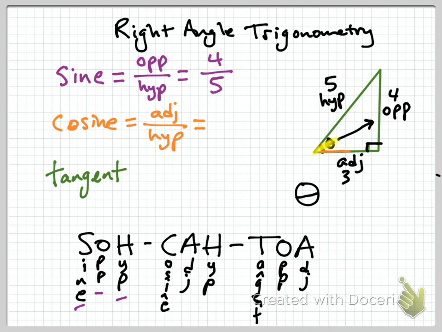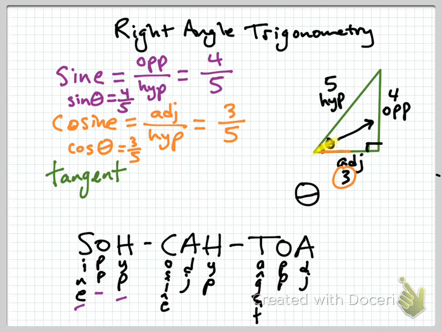The adjacent side we said was 3, so we divide 3 by the hypotenuse of 5. So the cosine of theta, which we write as cos of theta, equals 3/5. And sine, where we just write the first three letters, of theta equals 4/5 in this case.